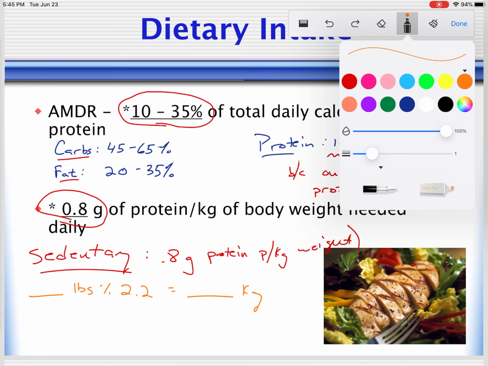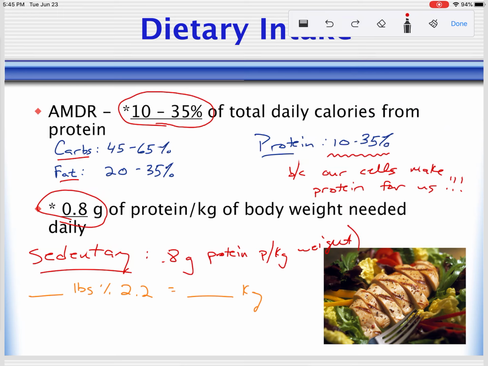If I were to do this myself, and I don't mind sharing, I'm about 152 pounds. Divided by 2.2, I know it to be around 69 kilograms. But feel free to plug in your own weight in pounds, divide by 2.2 to get weight in kilograms.